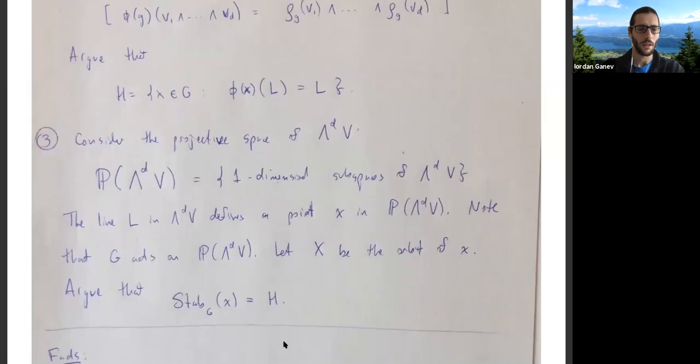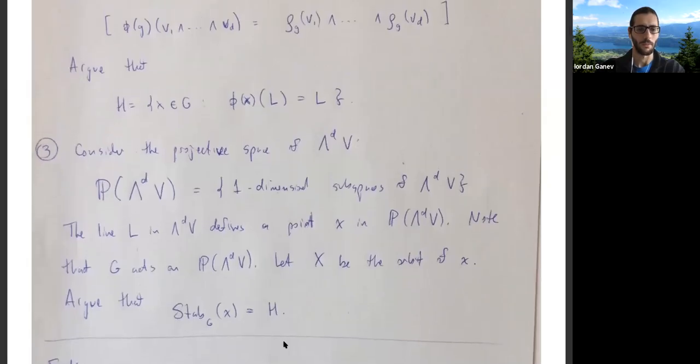So why is this what we want? What we do is take the orbit of little x inside this projective space, and since the stabilizer of this point is H, this orbit will be G mod H. So it'll be a homogeneous space where the stabilizer of a point is H, and you can go through and check that it satisfies that universal property.